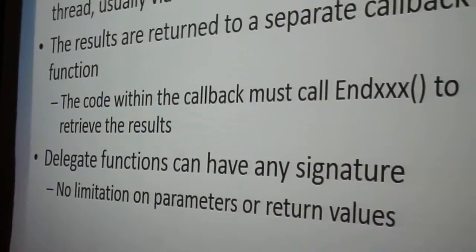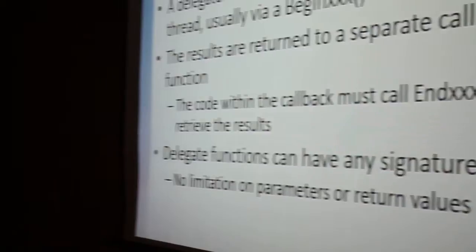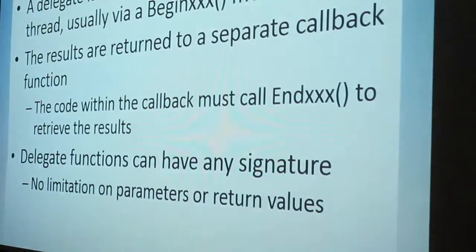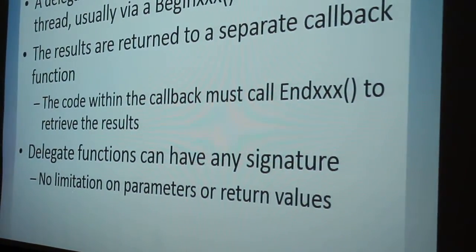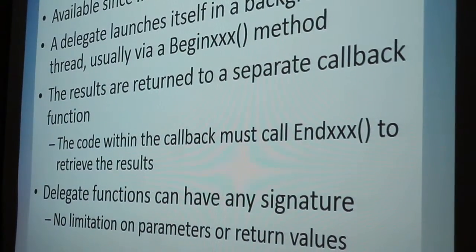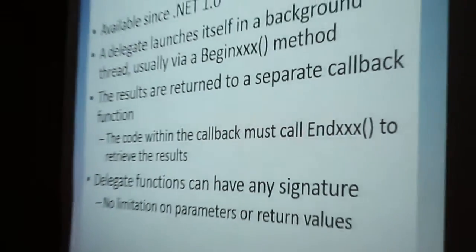Anytime you had something like the file system or HTTP requests or ADO.NET, where you would be doing things that could take a lot of time, there would usually be two different versions of the same method. One would be a synchronous version and the other would be an asynchronous version.